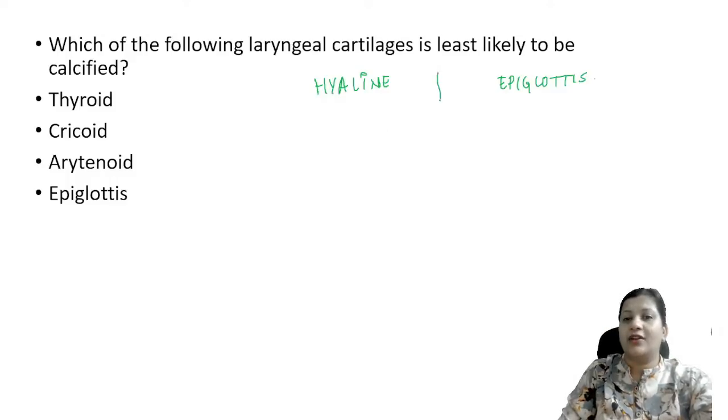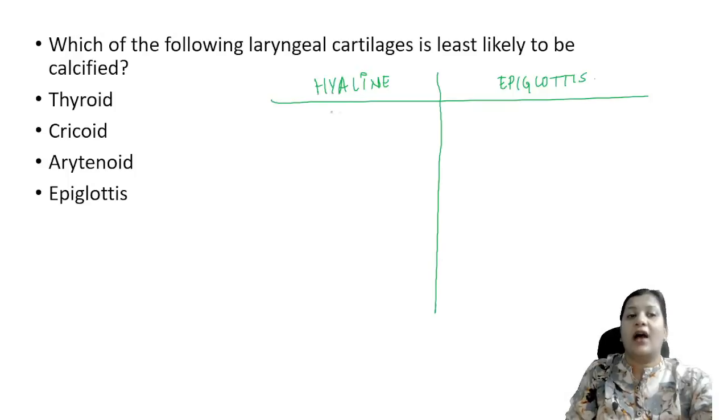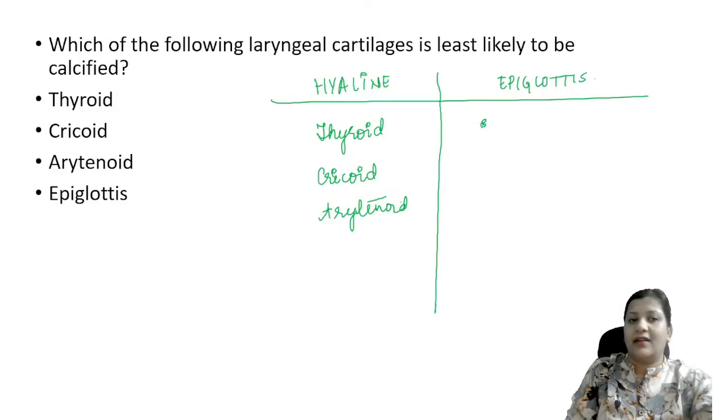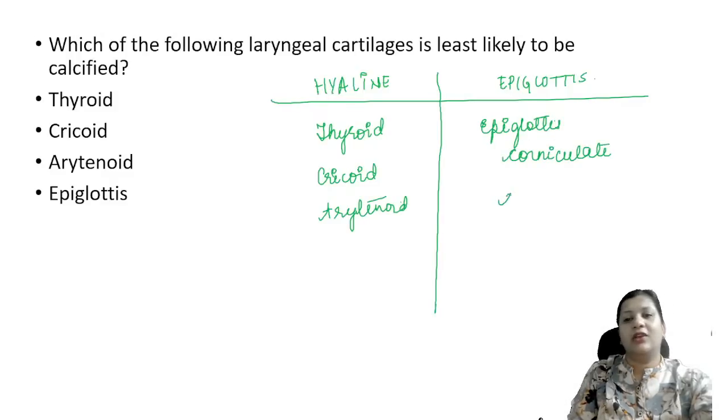Yes, so which are your hyaline cartilages, which are your elastic cartilages? So hyaline cartilages are your thyroid, your cricoid, and you have got the arytenoid. In your elastic cartilage, you have got the epiglottis, you have the corniculate, and you have the cuneiform.